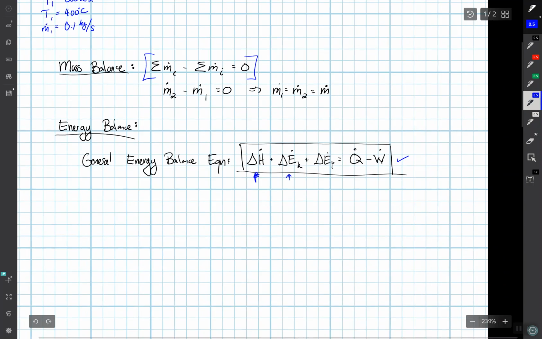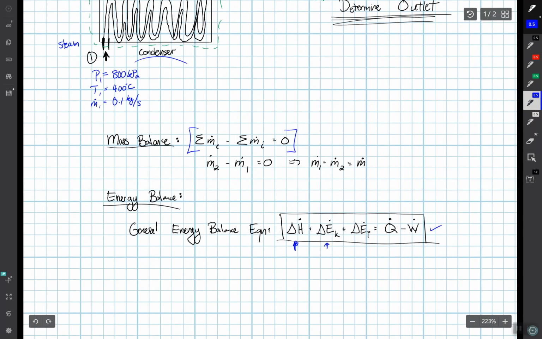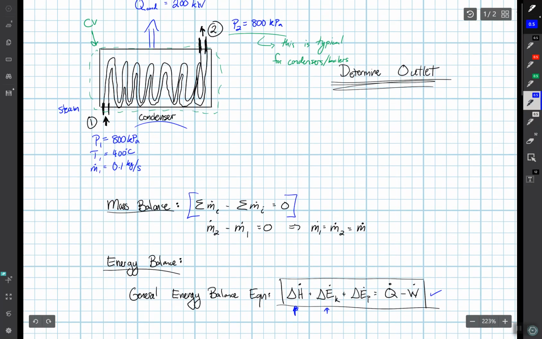Next, kinetic energy, delta EK. So this is asking, is there a significant difference in the kinetic energy of the stuff entering versus the stuff exiting? Kinetic energy, you have to start thinking velocities. Is there a big difference in the velocity of the matter entering or exiting?